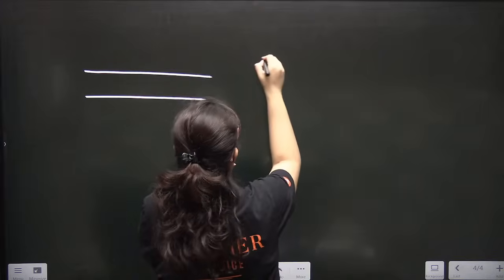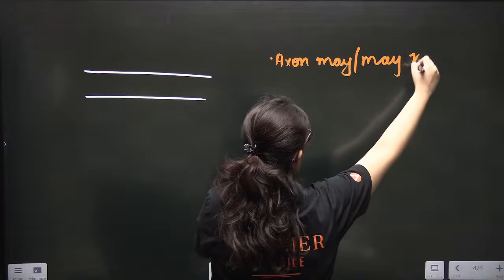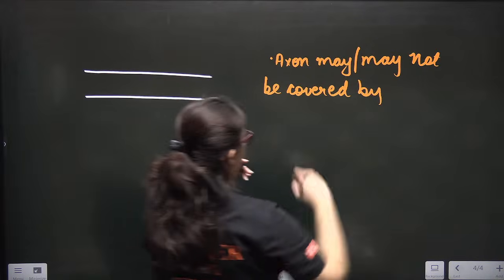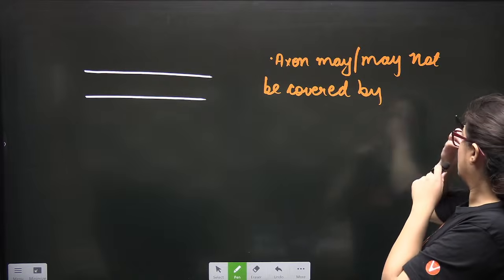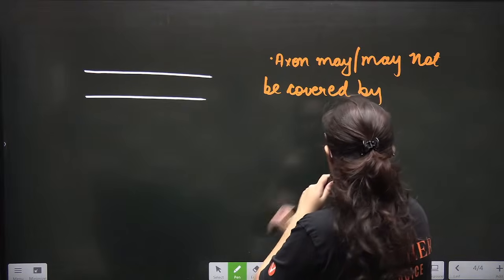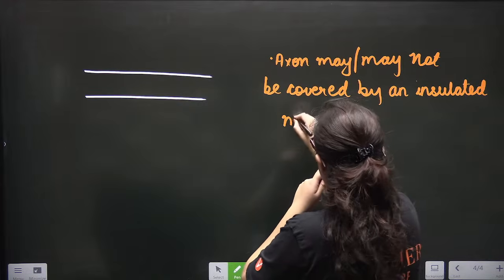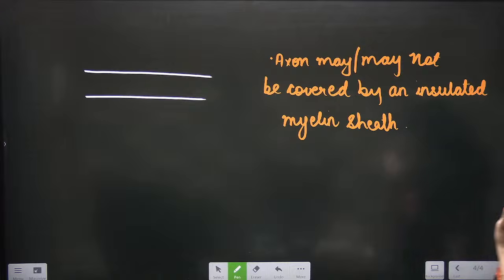Axon may or may not be covered by an insulated myelin sheath. Okay, done. Myelin sheath.